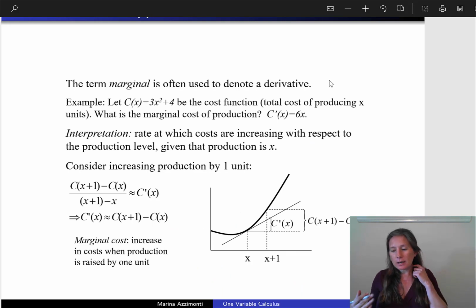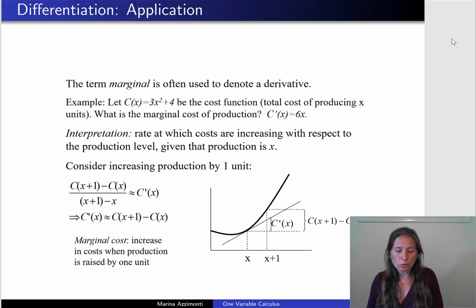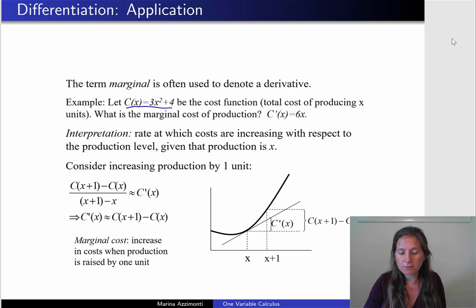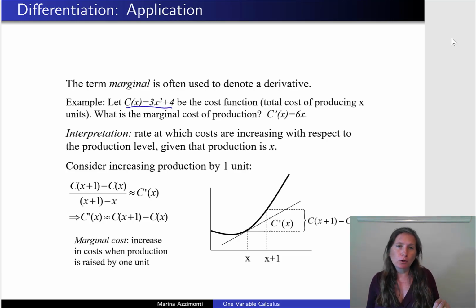Now, let's think a little bit about an application. As I said before, the term marginal typically refers to differentiation or to a derivative. So let's think about a specific example. Let's say that our cost function is 3x squared plus 4, as specified here, which is denoting the total cost of producing x units of a specific good.